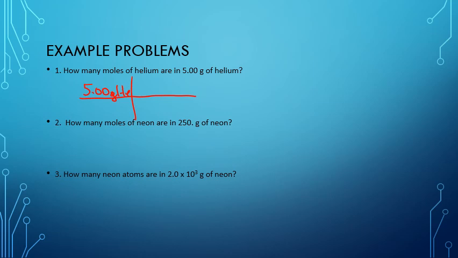And again, I have those 2 options to choose from, but I'm going to take the one with the grams of helium in the denominator and moles of helium in the numerator. So 1 mole of helium would be 4.00 grams of helium off of your periodic table. And so I would have 1.25 moles of helium.